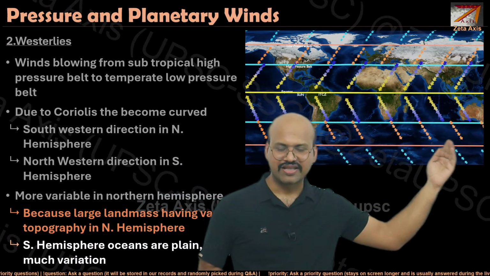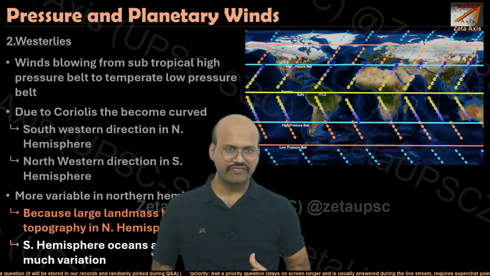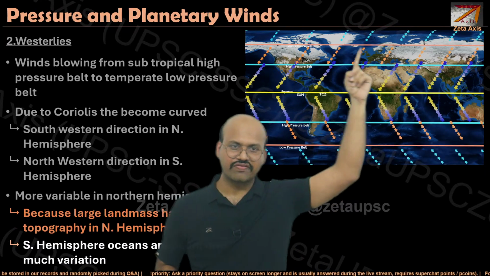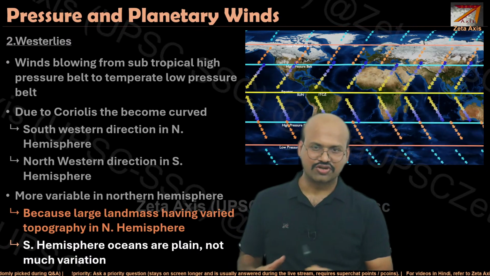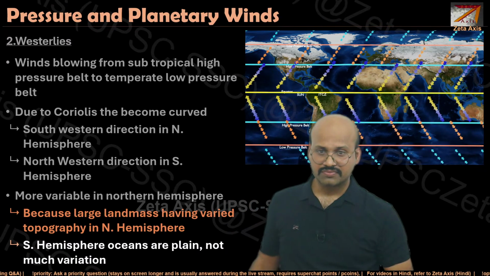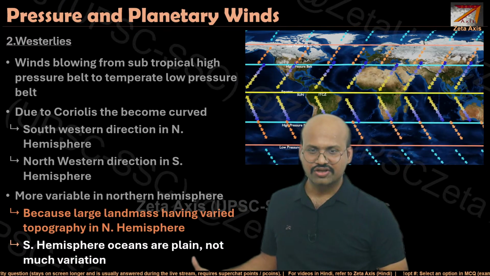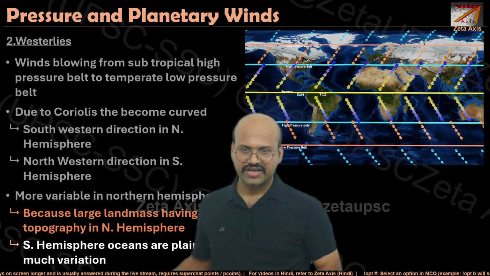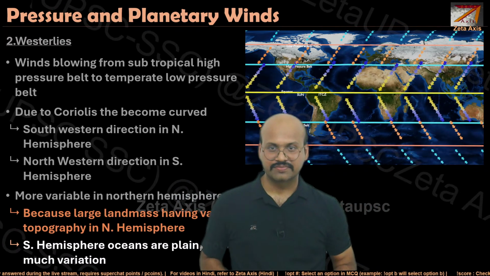Therefore here there is very high uniformity in the flow of the winds, while here there is a lot of variability, that is, there is a big difference from one season to another. The southern hemisphere oceans are plain and they do not have much variation. So we have seen that because of the oceans over here, there is not much variation.